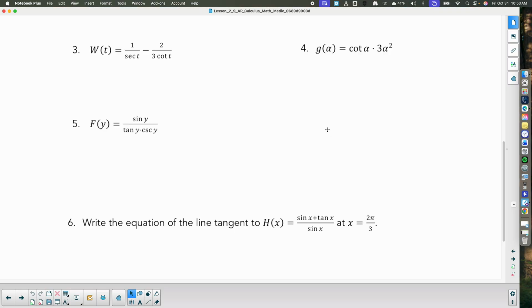Can you just take out the cosecant from the denominator and multiply sine of y over tan of y times 1 over cosecant of y, and then convert the... I'm not following any of that. It could be just because I can't hear you well enough. In short, what were you trying to do? Convert the cosecant that is multiplied with the tangent on the denominator to a sine on the top.